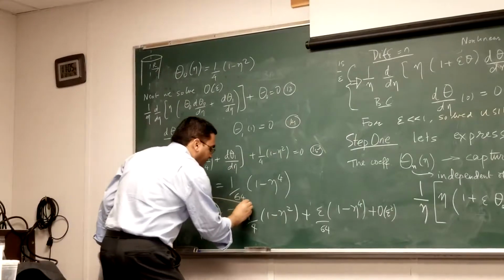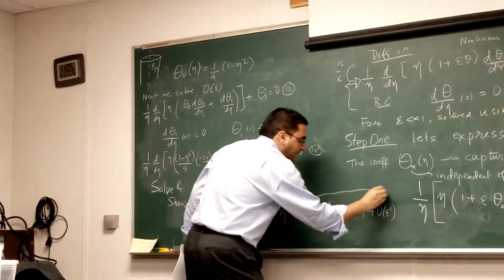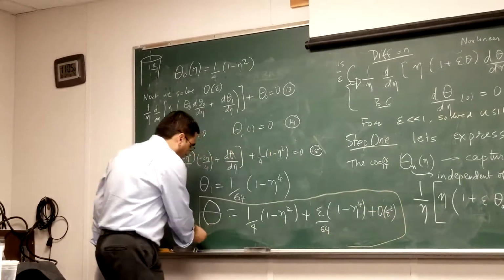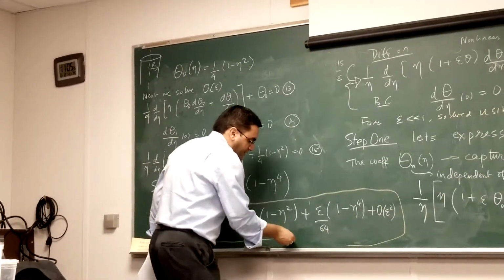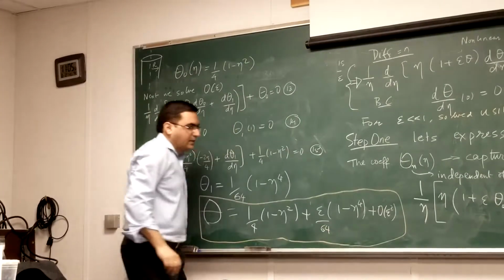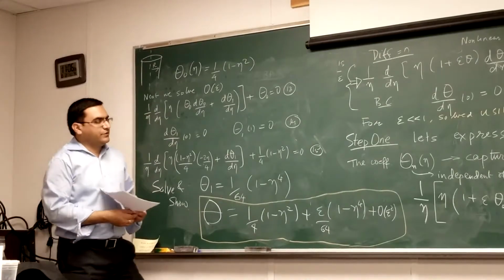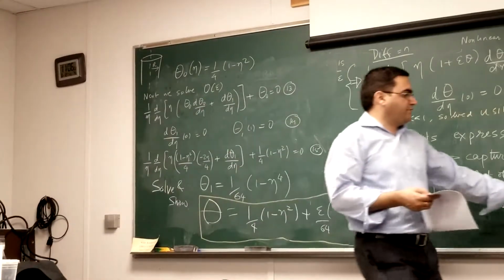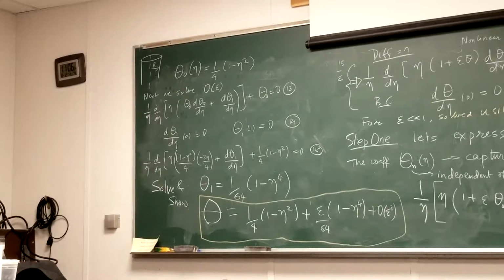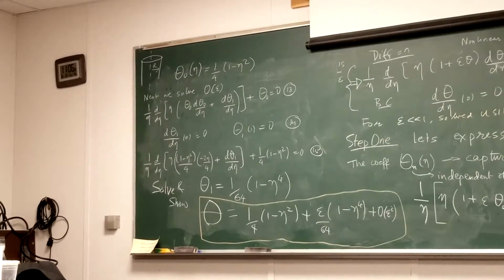If I wanted, I could have written the expansion to include theta 2 as well. So if I had theta 2 here, I would have a few more terms, but this board is not long enough, so we're not doing it.